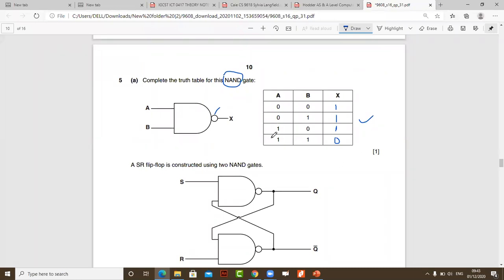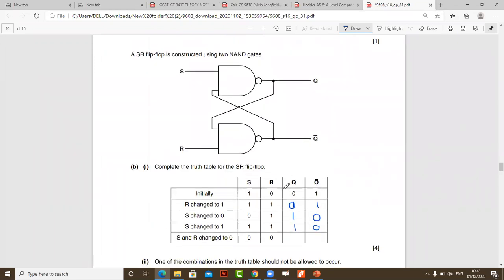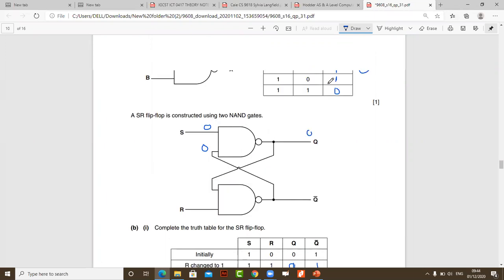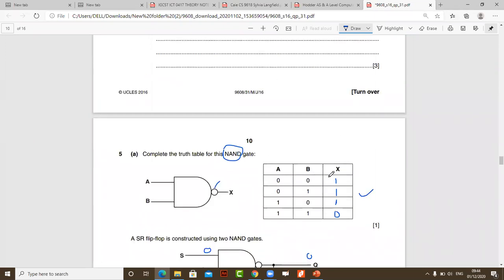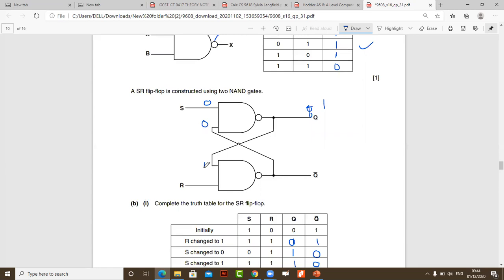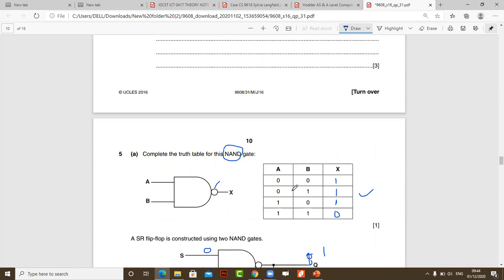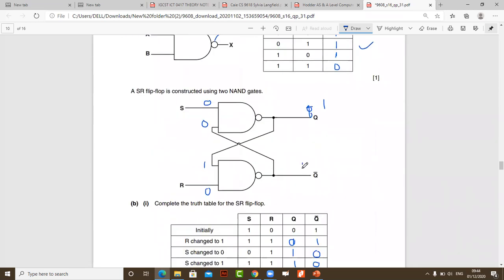Okay, so if you look here, what I was saying is, if you look at this particular stage, what is happening in this case? Your Q dash is 0, okay, and your S is 0. 0 0 gives you 1. This 1 came, this 1 came here, 1 came here. So R is 0. So 0 1 is again 1. You get the point?